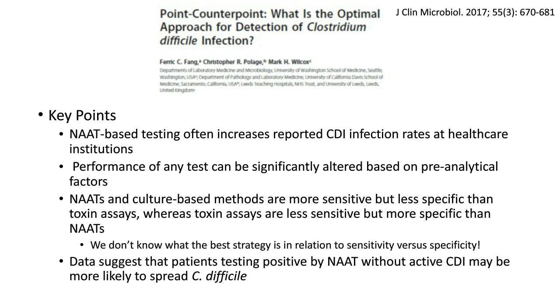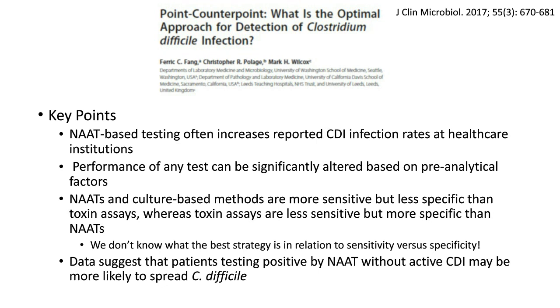They also agreed that while NAT and culture-based methods are more sensitive, they tend to be a bit less specific than toxin assays, whereas toxin assays are less sensitive, with some studies reporting the sensitivity of toxin assays approaching 20%, but they are more specific, identifying only those strains that are producing toxin.